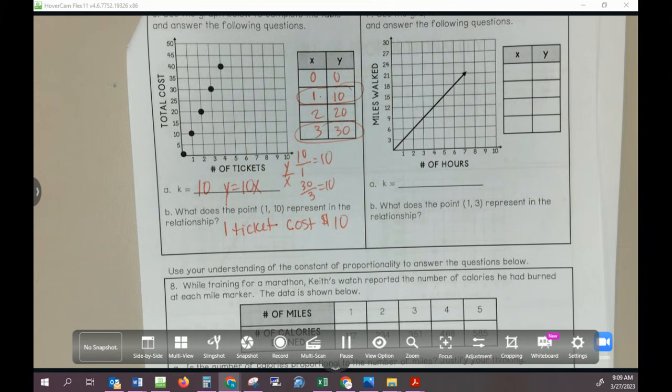And when you have A and B. You got it, sir? Okay, we'll give a couple more people some time and then you'll just share out, okay?